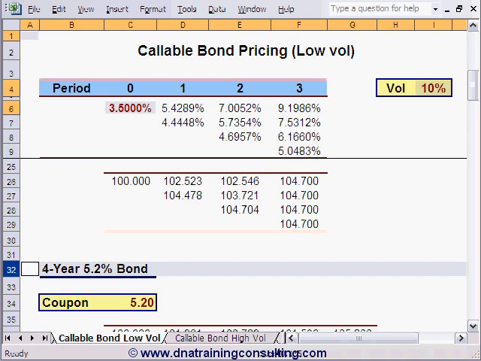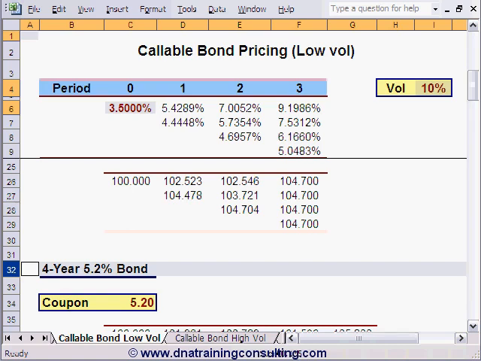So we begin by assuming prices exist for, in this case, 1, 2, 3, and 4-year bonds, the last three of which we just showed as we gradually crawled down the worksheet, along with their annual coupons listed next to them.